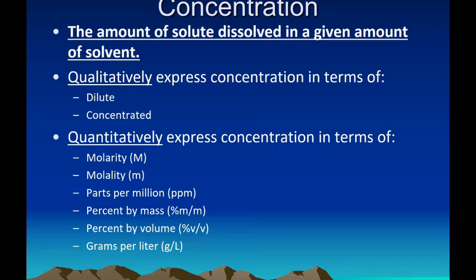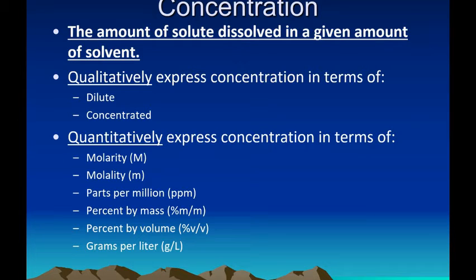Or quantitatively, we could look at it in terms of molarity, which is symbolized by capital M, molality, which is symbolized by an italicized lowercase m, parts per million, which we use all of the time. You just don't realize that you use parts per million, but the water district that's distributing water to your home uses parts per million because they have certain particulates that are dissolved in your water, but they can only have a certain concentration.